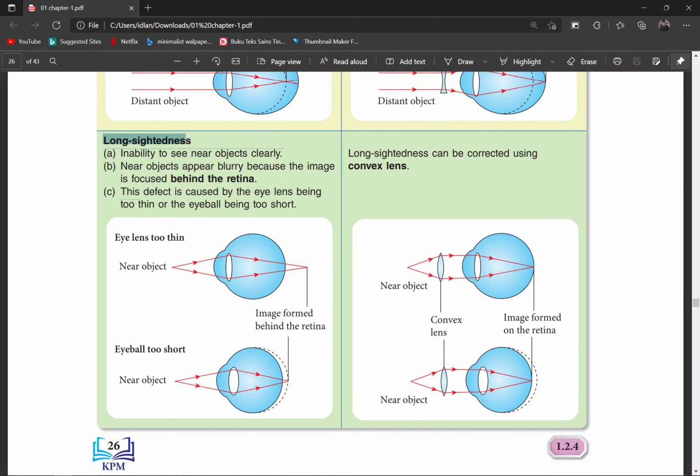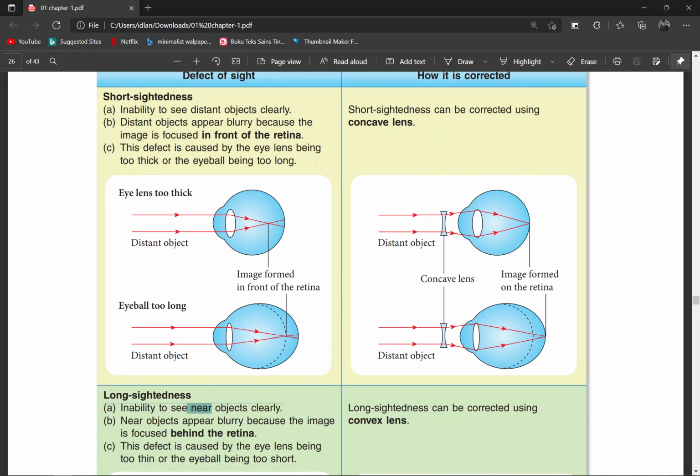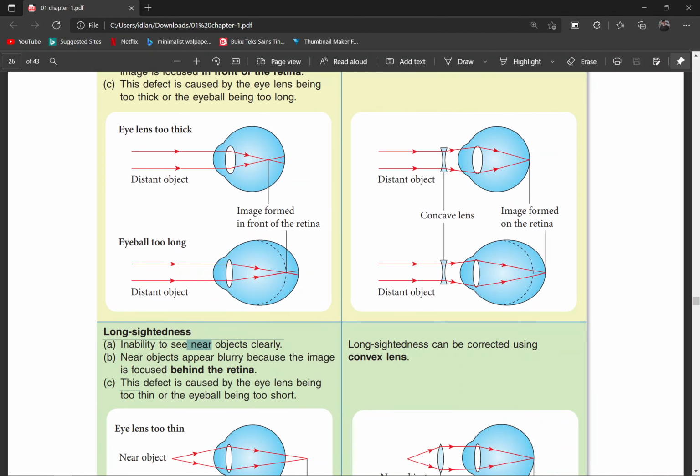Long-sightedness ni pula inability to see near objects clearly. Ini near object, ni distant object. Distant tu jauh lah, near ni dekat. Near objects appear blurry because the image is focused behind the retina.